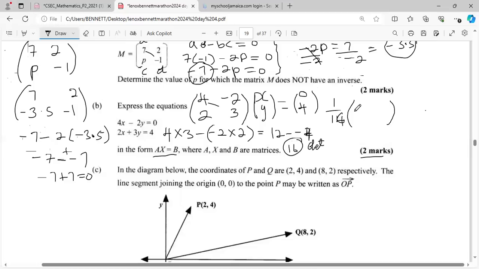Not 14, right? And then to get the adjoint, we swap 3 and 4. So 3 will go up at top, 4 go here. And then we change the sign of this. Now this is negative, so we'll change it to positive. And the one that is positive, we're going to change it to negative. So basically, it's like we multiply by a negative 1.